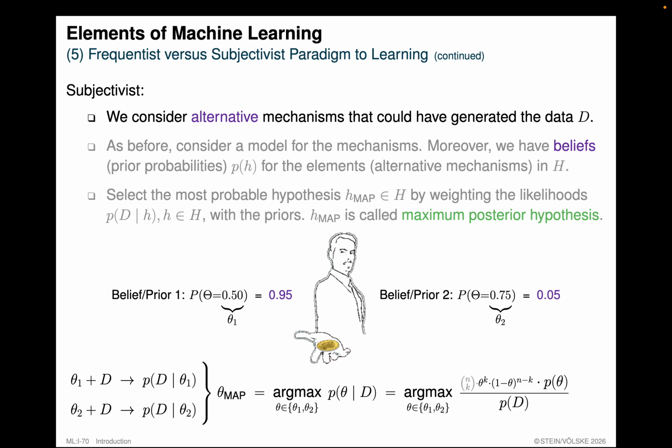This can be simplified. The binomial distribution is inserted, and this can be simplified by just removing the denominator, because we don't need it here. We just want to decide between the two alternatives. So maximizing the numerator is sufficient. So this will help us decide which is which, given the data.